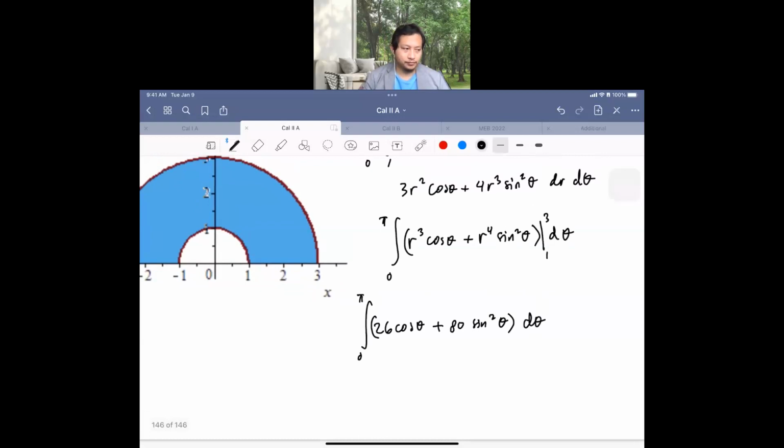Now we can integrate, and we can use the double angle formula for sine squared. The total will be 26 sine theta from 0 to pi, plus the integral from 0 to pi of 20 times (1 minus cosine 2 theta).